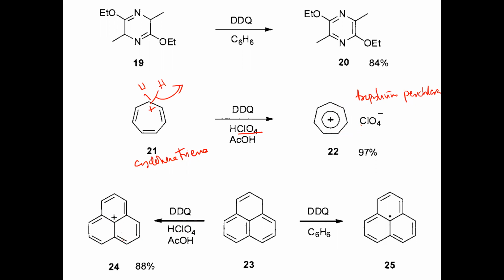You get a peri-naphthyl cation. If you use DDQ in the presence of perchloric acid and acetic acid, it gives a cation. If you use DDQ in the presence of benzene, it forms a radical, a peri-naphthyl radical.